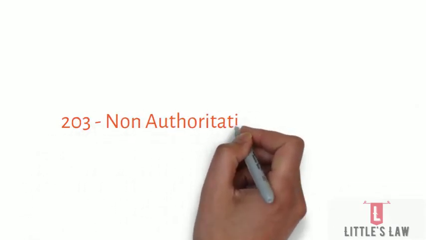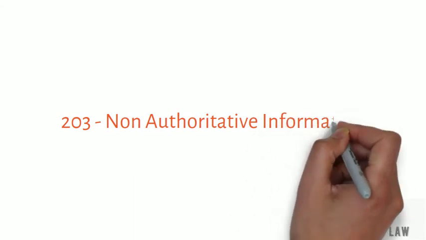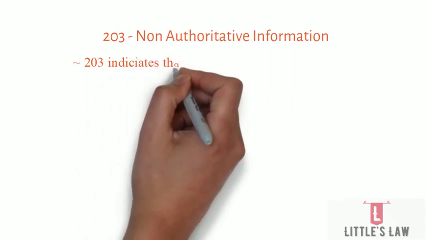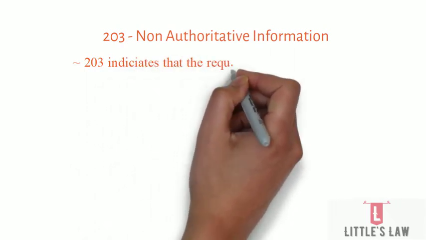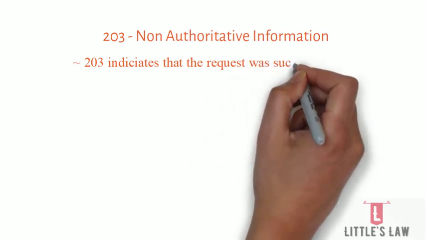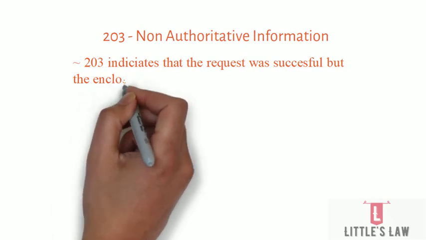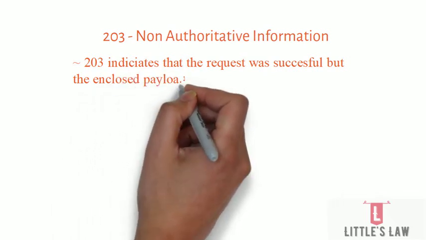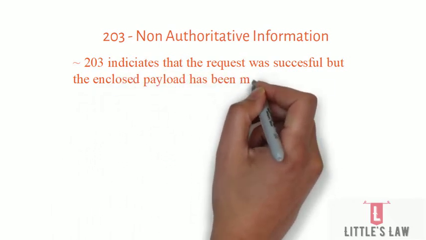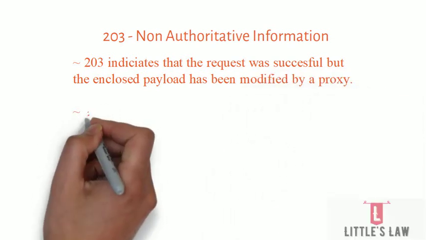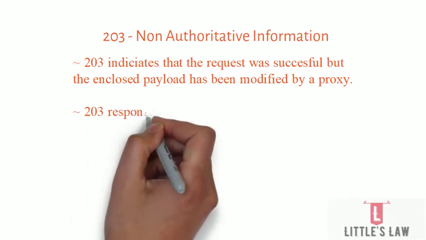The fourth HTTP status response code is 203 Non-Authoritative Information. The HTTP 203 Non-Authoritative Information response code status indicates that the request was successful, but the enclosed payload has been modified by a transforming proxy from that of the origin server's 200 OK response.